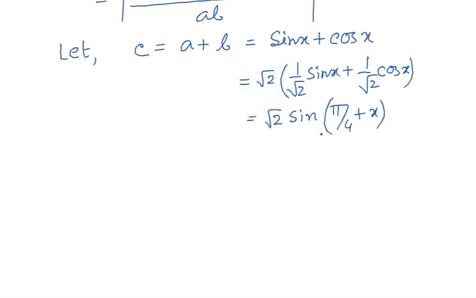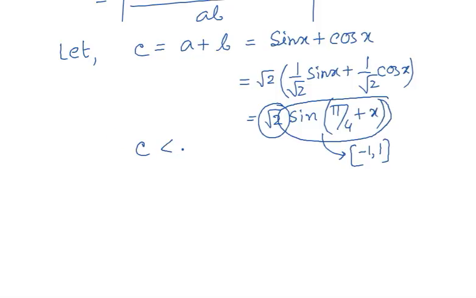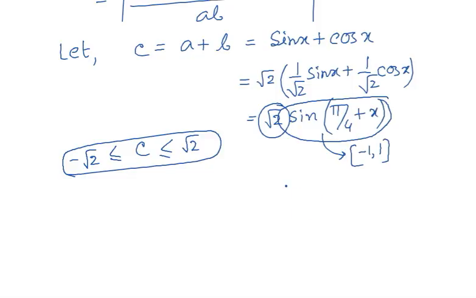So from here we can see that sin of pi by 4 plus x will lie between -1 and 1 for every real value of x. Since that is getting multiplied with root 2, we can easily say that c will lie between minus root 2 and plus root 2. So this is going to be the bound of the quantity c, that is minus root 2 to plus root 2.